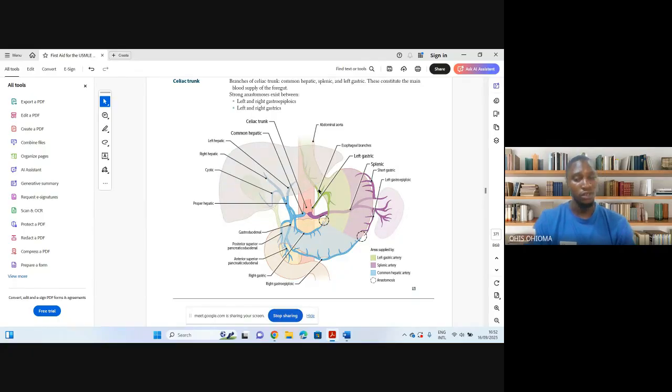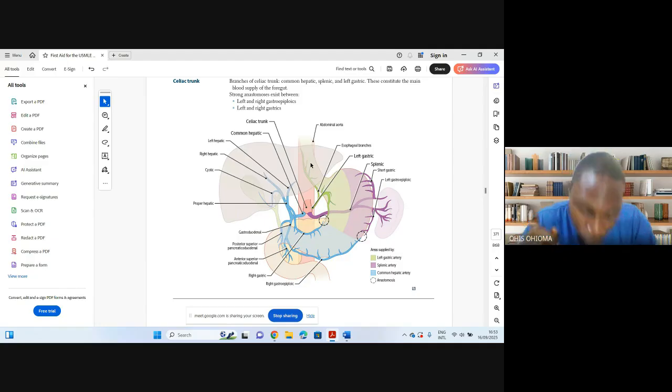And this is very important because when a patient has vomiting, an alcoholic that is retching, and the patient has Boerhaave syndrome, this esophageal branch from the left gastric artery is the artery that is commonly implicated.